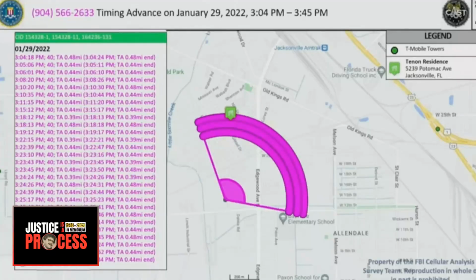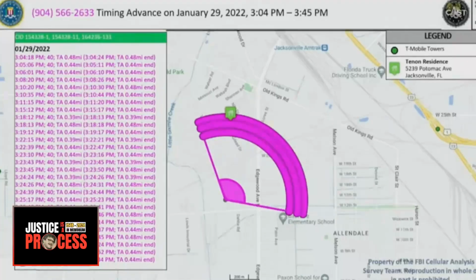And so you can have a device sitting stationary and get timing advance measurements, one or two bands around that location. And the distances here, the difference between them, we're talking 0.04, 0.05, but that doesn't necessarily indicate the phone is moving that distance back and forth.